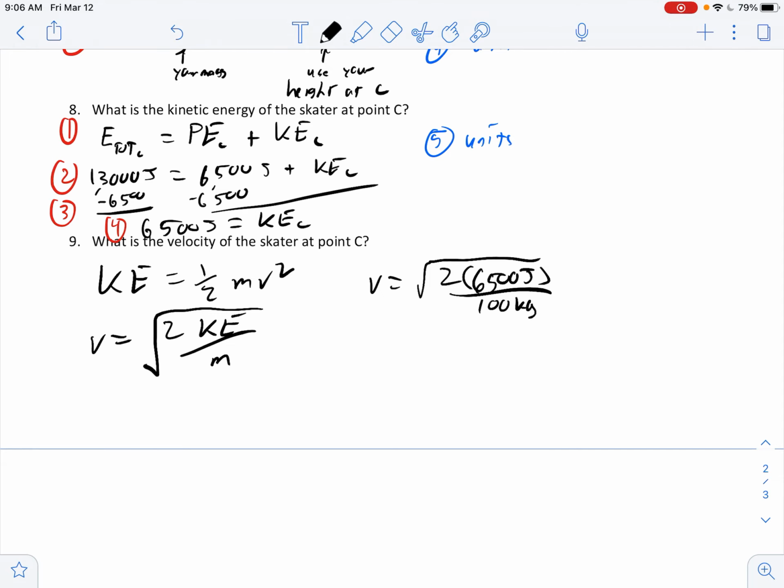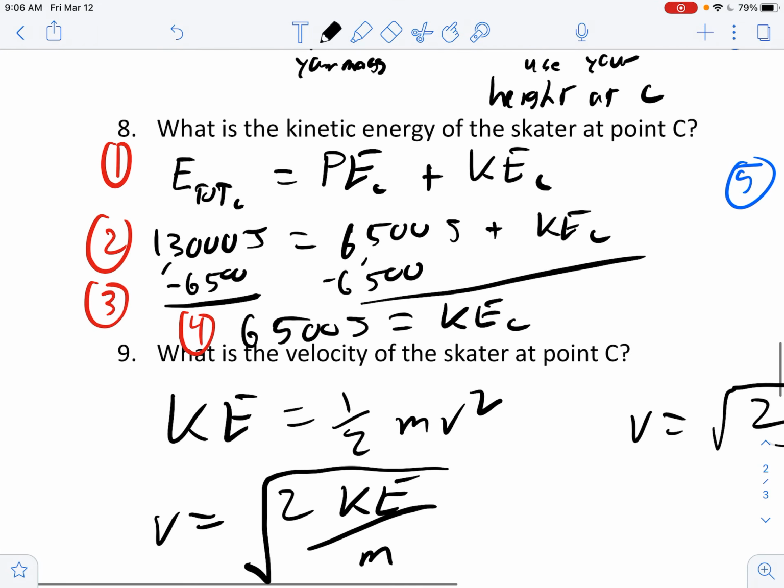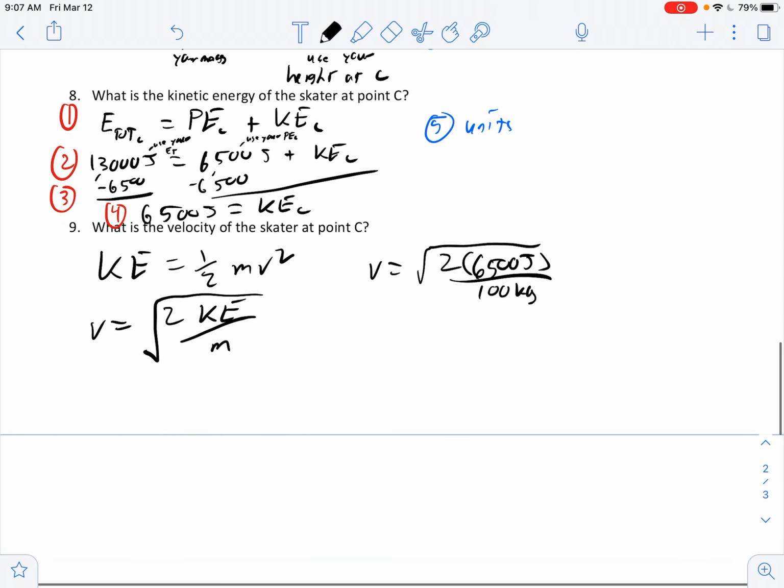Okay. Also for these, before I throw this into my calculator, just a reminder, use your total energy, use your potential energy at C. All right, so same thing here. Use your kinetic energy, use your mass.